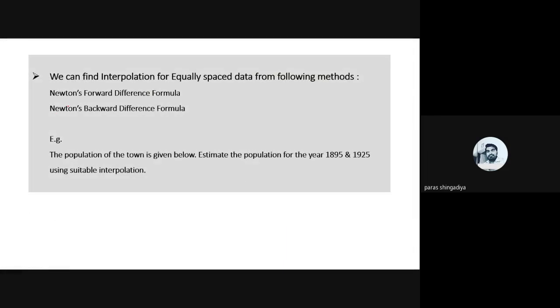So here it's given that we can find the interpolation for equally spaced data from the following methods, that is Newton forward and Newton backward. We'll discuss after that for which case we'll use Newton forward interpolation and for which case we'll use Newton backward. First condition: the data should be equally spaced. And then we'll identify the conditions for when to apply Newton forward and Newton backward.